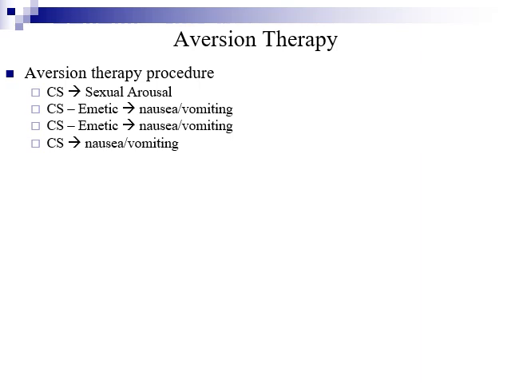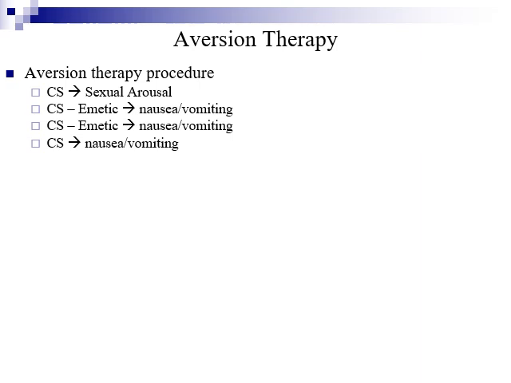Aversion therapy is another type of counter-conditioning. In this case, though, the goal is to train a negative emotional response to a stimulus that previously produced a positive emotional response or sexual arousal. So the procedure would go like this. You have a conditioned stimulus, images of or activities that are deemed to be socially unacceptable that in this person produce sexual arousal.